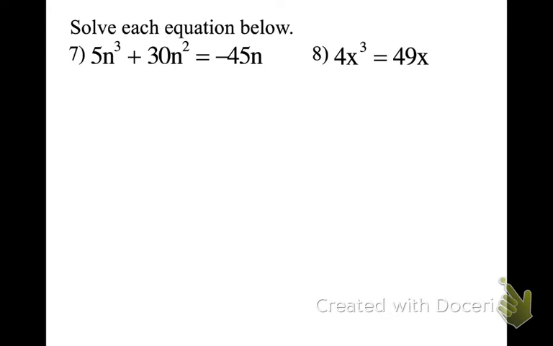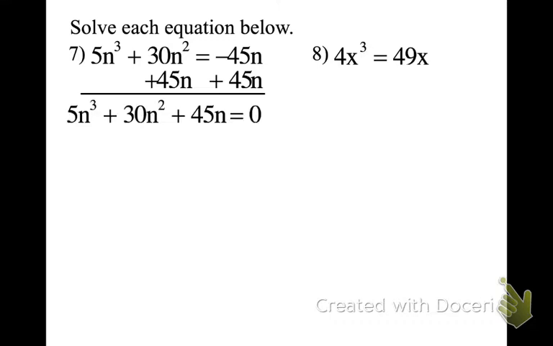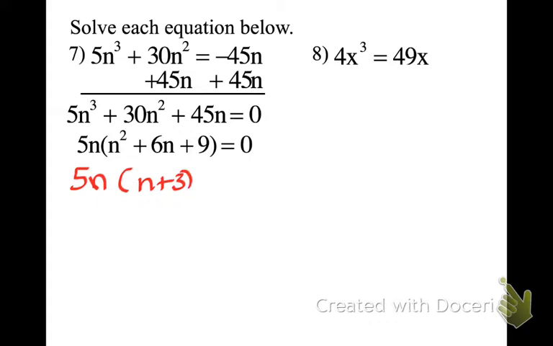Right here, I've only taught you to solve at this point with the zero product property. So how do you think we set that equal to 0? Add 45n to both sides, then GCF. Now I've got 5n times n plus 3 times n plus 3 equals 0.